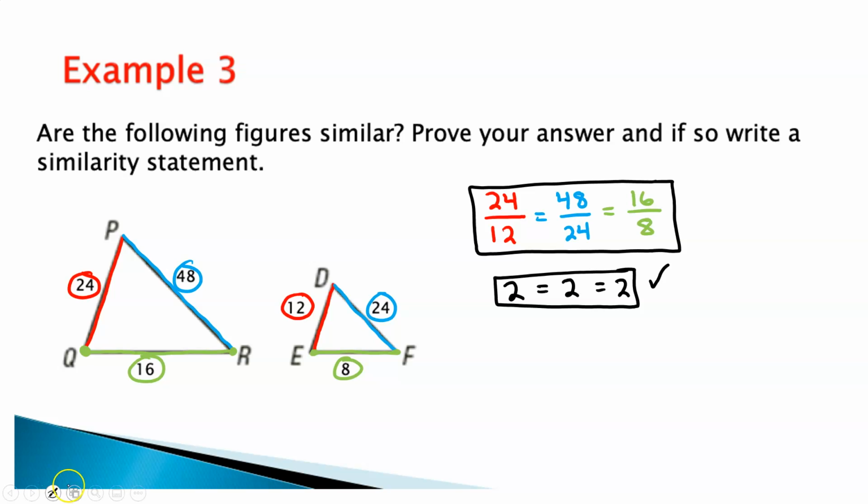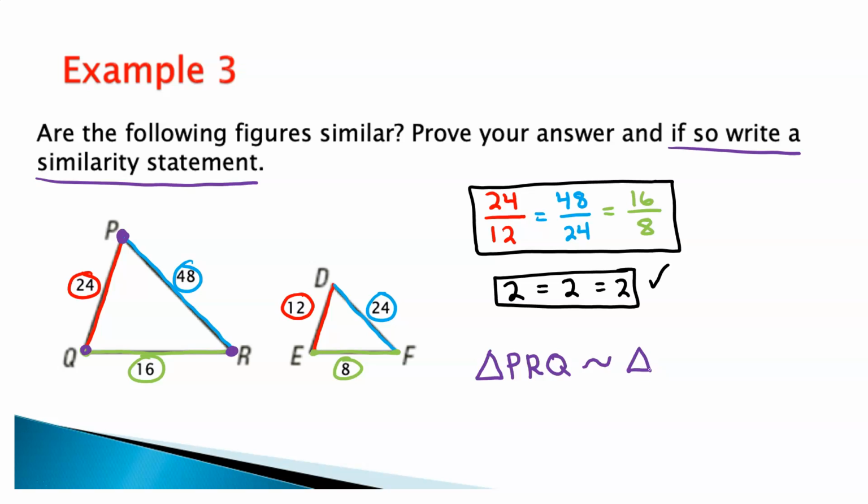So let's go through and write that similarity statement, okay? So if they are similar, write a similarity statement. So we're going to say triangle, and I'll start here with P. I'll go down to R, and I'll come over here to Q. We're going to say that's similar, the little squiggly, to triangle.